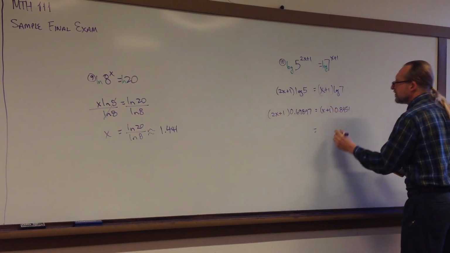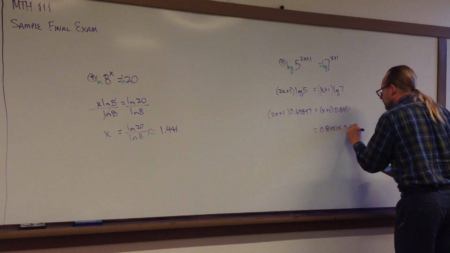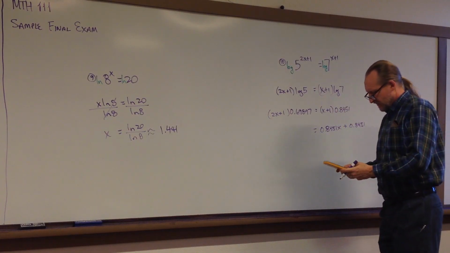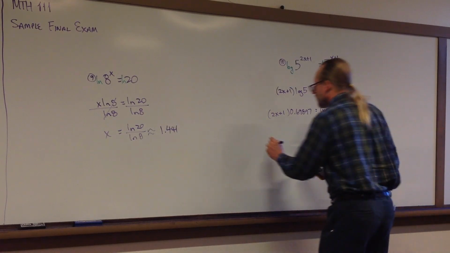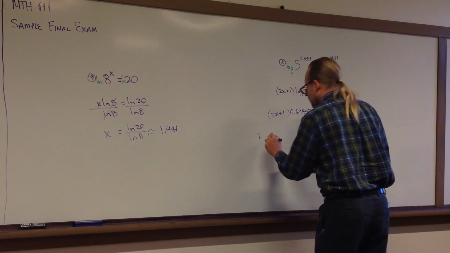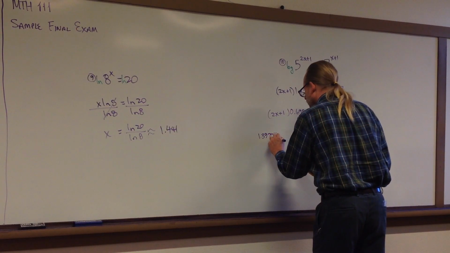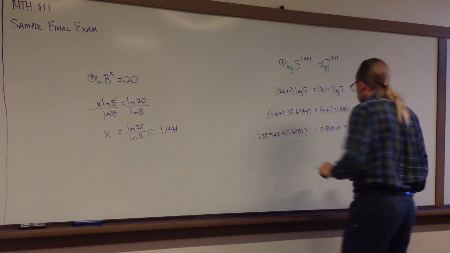Okay, so if we distribute here, we get 0.8451x plus 0.8451. Over here, 0.69897 times 2, 1.39794x plus 0.69897.